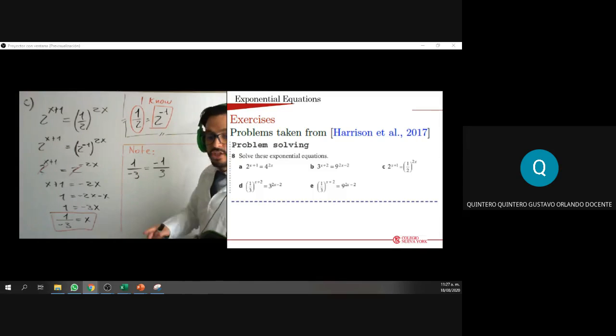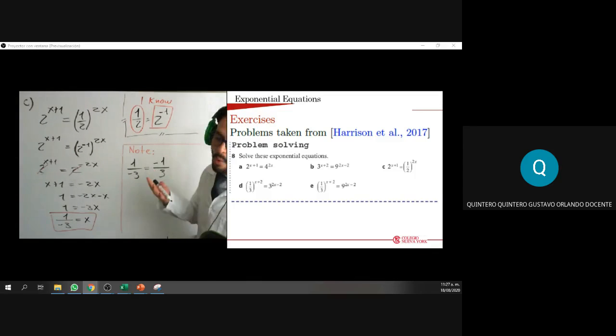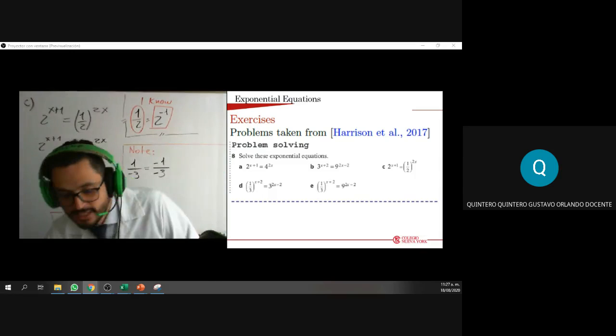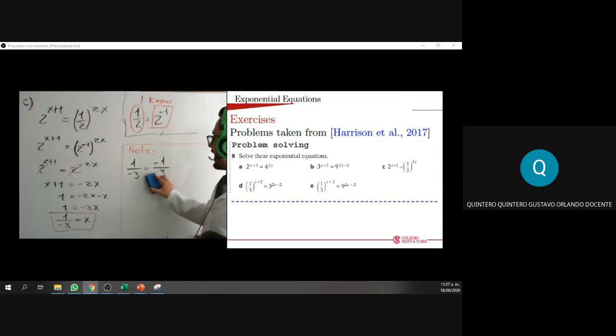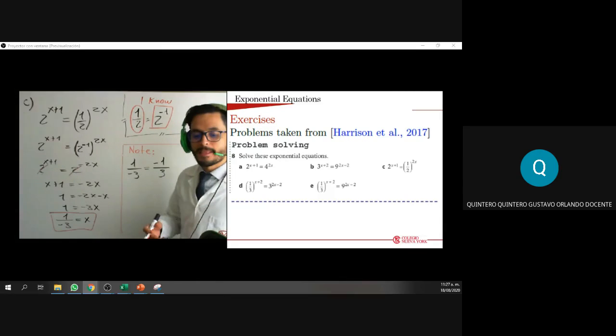It's the same. Just make sure that in the first fraction, there was just one negative, so in the second one, there has to be just one negative as well. If I do this, then things are wrong, because all of a sudden, I created a negative. And you cannot do that. But here's the deal.